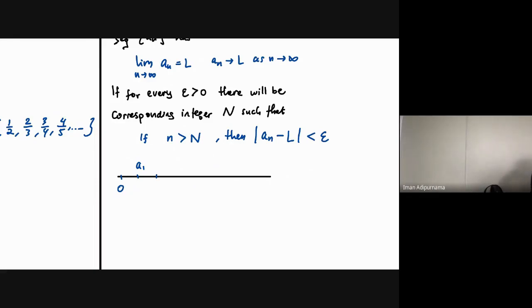Maybe A2 is here, and A3 is here, so it's moving forward, backward. And then maybe A4 is here, A5, A6, and so on.